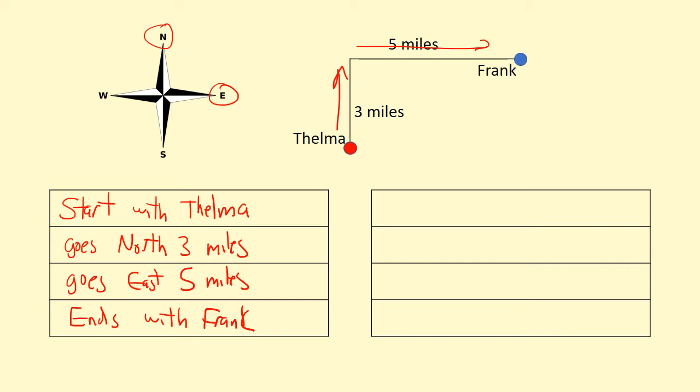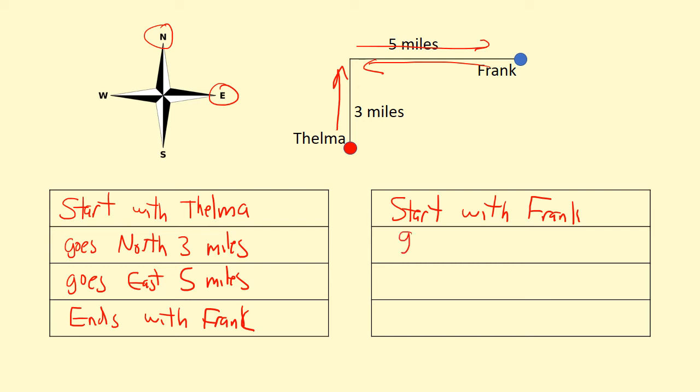So here's what she's got to do. She's got to go back home. So she is starting at Frank's house. And so now she's going to go back this way. So she's not going east like she did when she got there. She's going west.